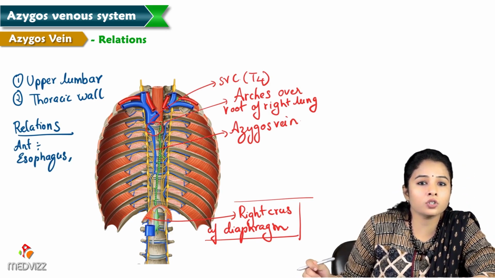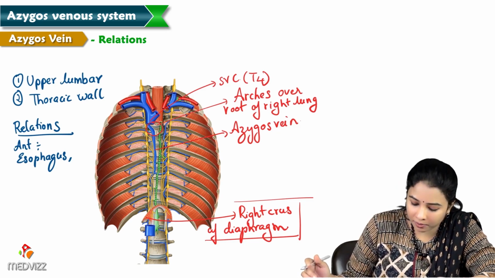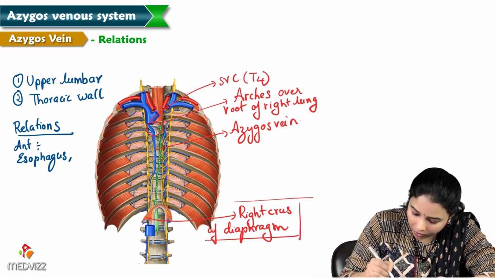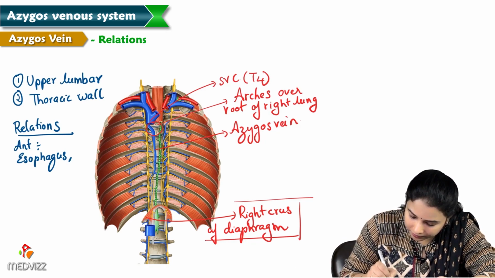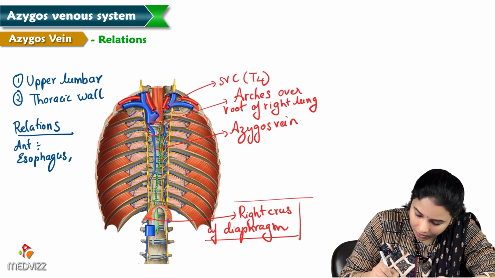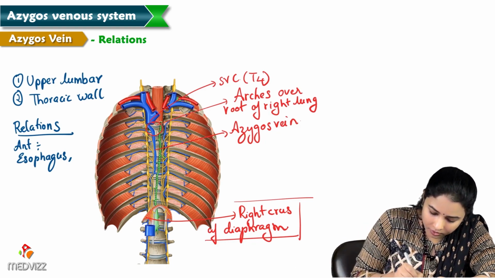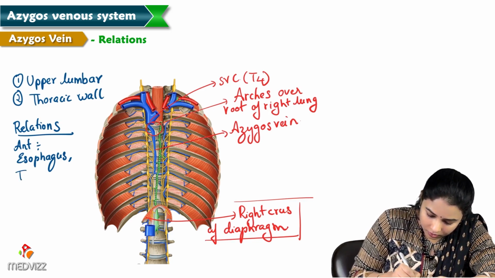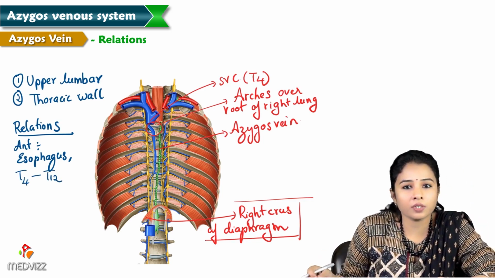Posteriorly, it is related to the lower 8 thoracic vertebrae. You can see the lower 8 thoracic vertebrae here. So lower 8 means T4 to T12 thoracic vertebrae.